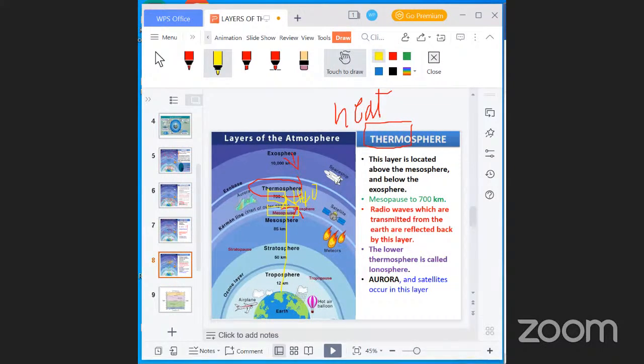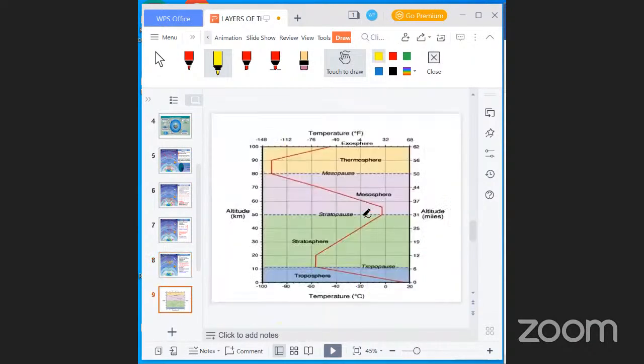The temperatures in the upper thermosphere can range from about 500 degrees Celsius, that is 932 degrees Fahrenheit, to 2000 degrees Celsius or 3632 degrees Fahrenheit, right? Now you see here, the radio waves transmitted from the Earth are reflected back by this layer.